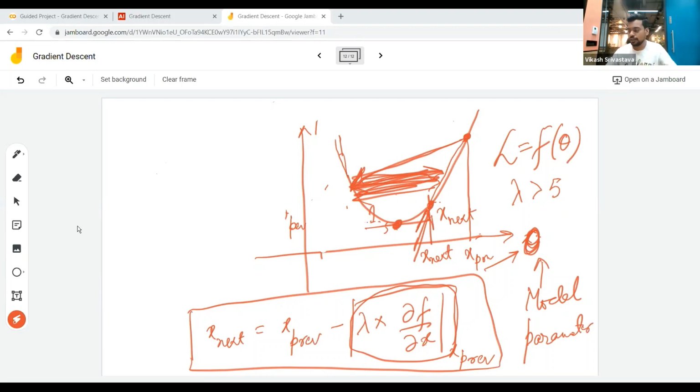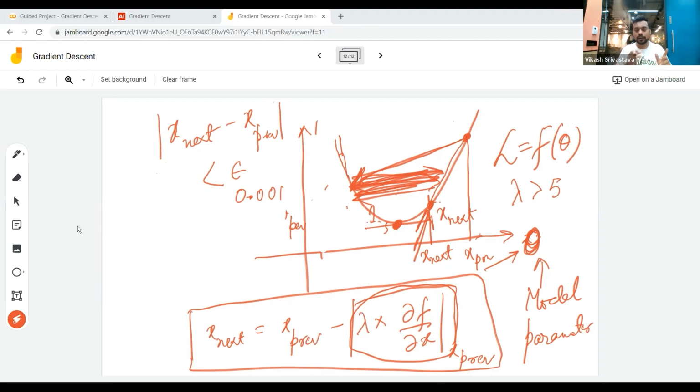How do we define convergence? If the difference between x next and x previous is less than an epsilon, which could be very small, say 1/1000, or you can control that as well, then the update is very small, and we say that yes, we have achieved convergence.